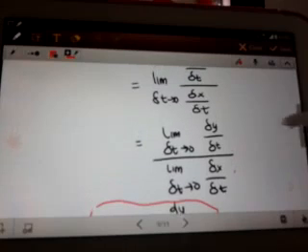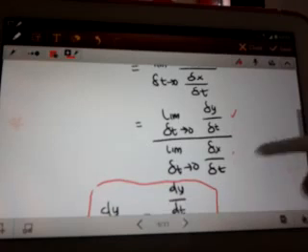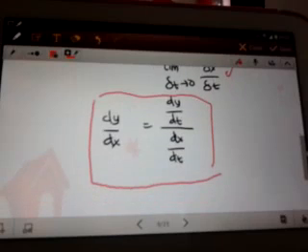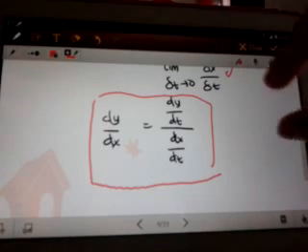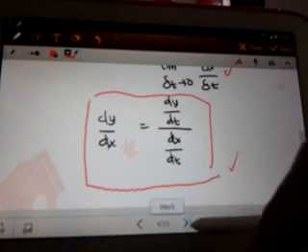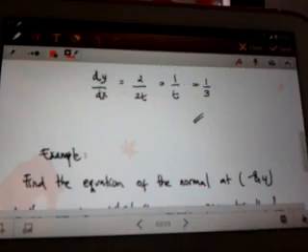So this limit is dy/dt, and this limit is dx/dt. So dy/dx is equal to dy/dt over dx/dt. So this is the proof of the definition. But if you're confused about the proof, you can just skip it and just see the example.